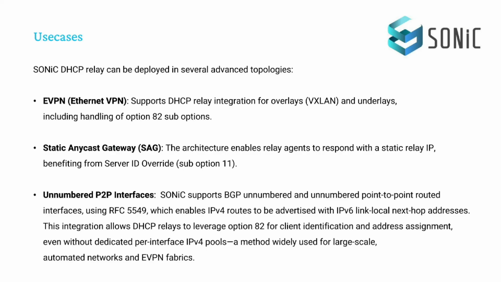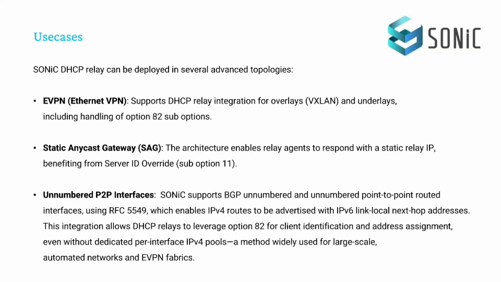With respect to eVPN, you can cater these services for overlays and even underlays. You have multiple VRF scenarios where you can use your link selection, source interface, and also the VSS sub option to exactly communicate which IP address needs to be assigned from the DHCP server. In case of static Anycast gateway, again you have one fixed IP, so you can use your source interface just to inform the server that this is always going to be the relay IP address, instead of having a different IP address per VLAN, right?